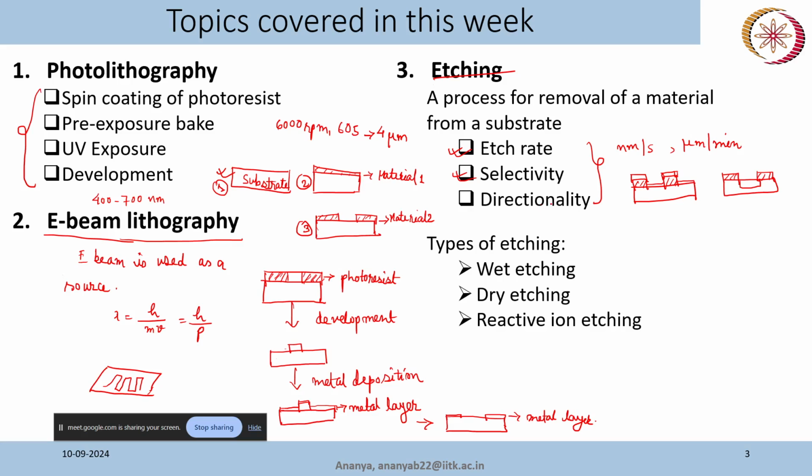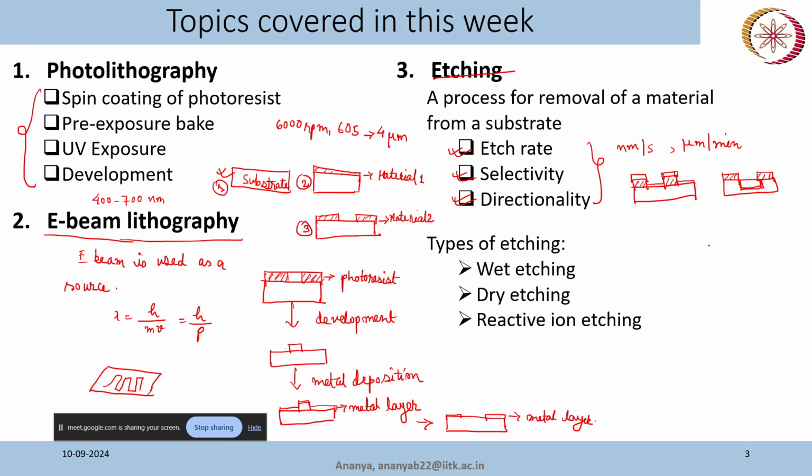The third term associated with etching is directionality. What it means is, say you want to etch out this portion of this substrate, and you want this wall to be vertical.